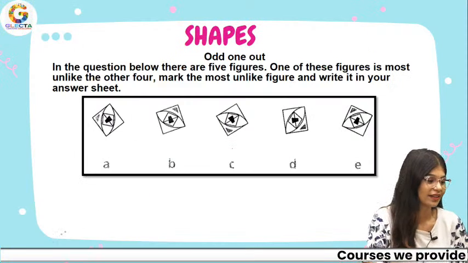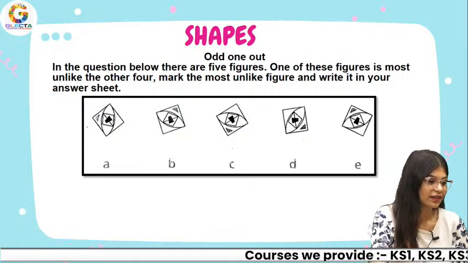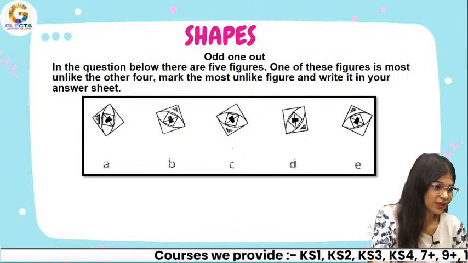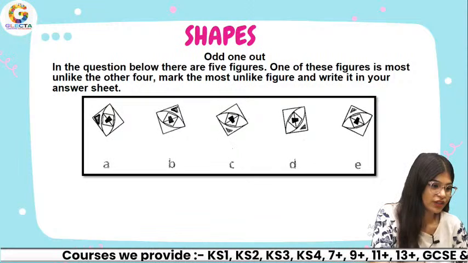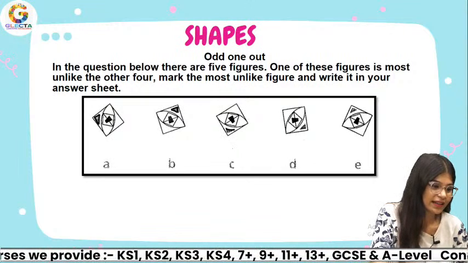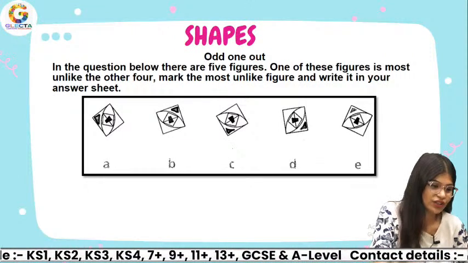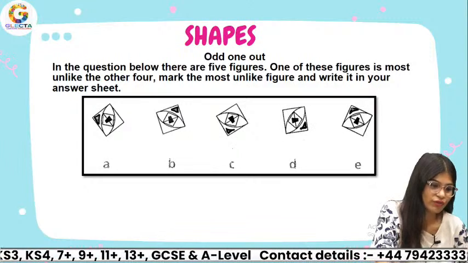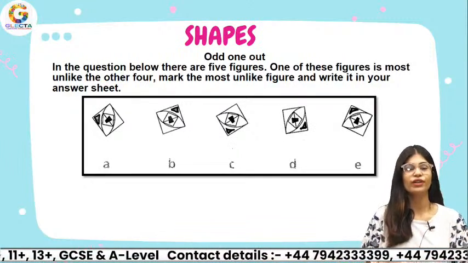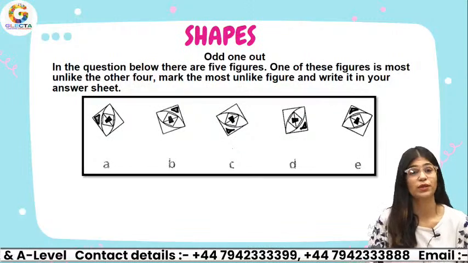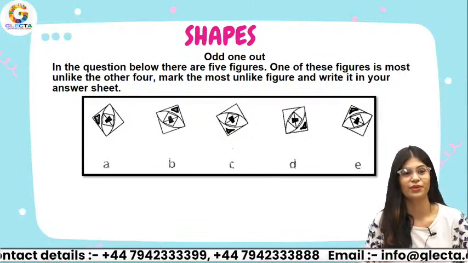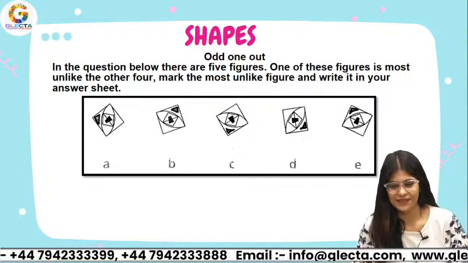That's a question. Now for this one, I'll help you a little and tell you that this top triangle, try to align these in the same direction and do this question for odd one out. You have to figure out of these 5, which one actually is an odd one out. Ready?